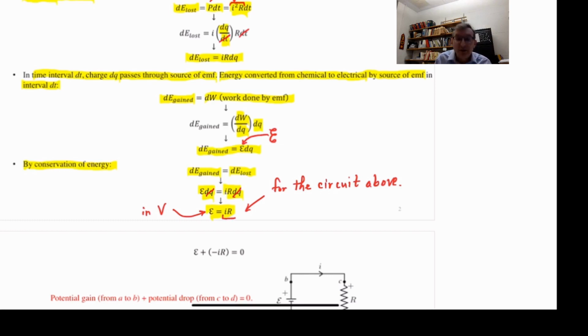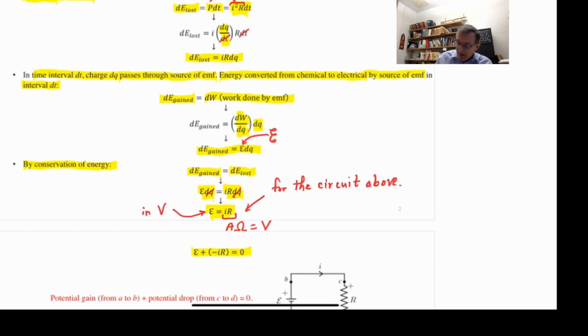Notice that that combination of I times R would have units of ampere times ohm, and that combination also has units of volts. So if that result has to be true by conservation of energy, then let me bring the one term over, just algebra, and you get this: E plus negative IR must equal 0.